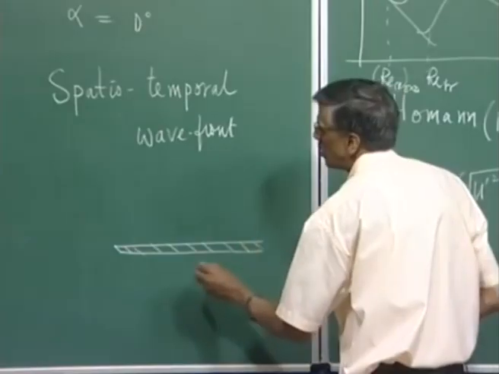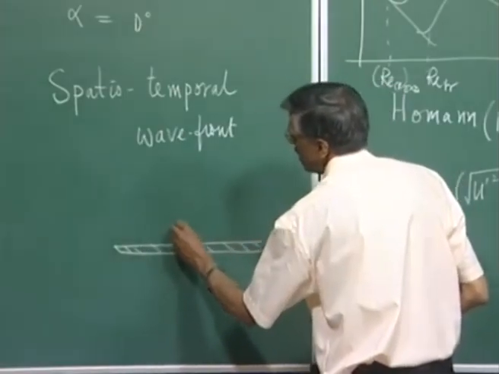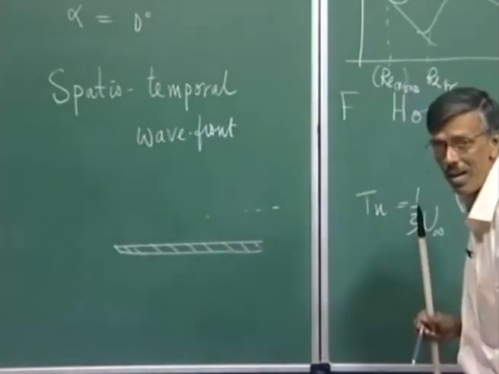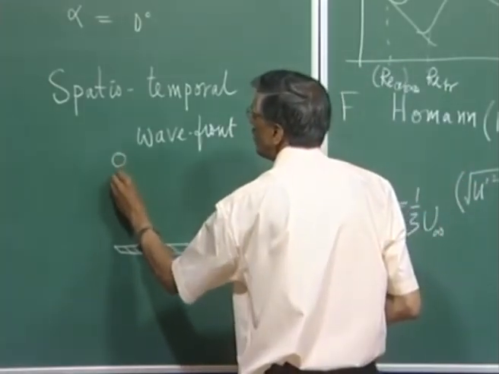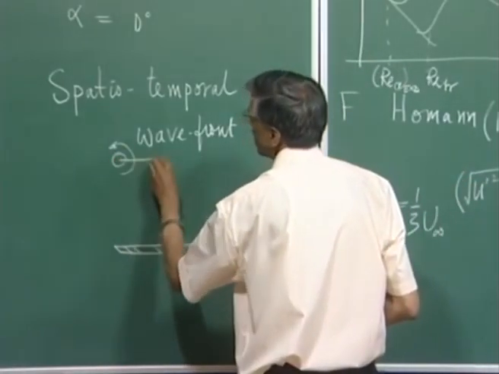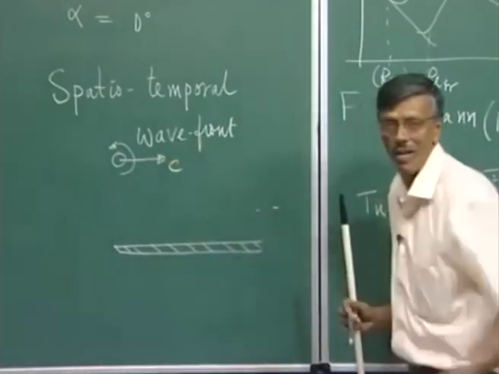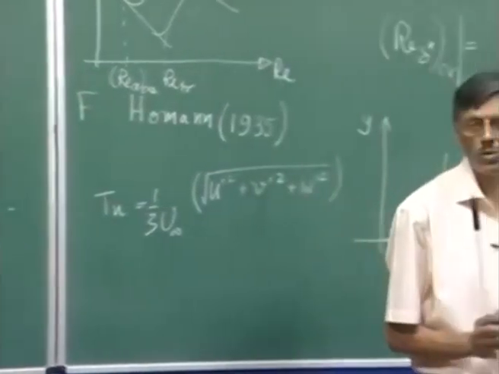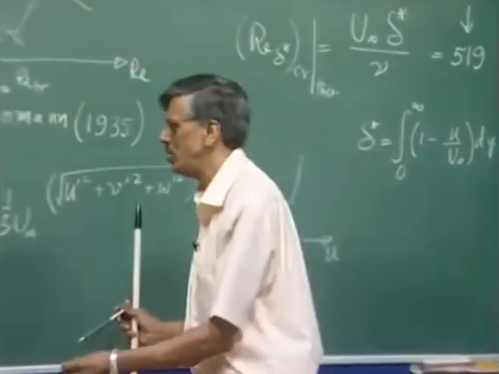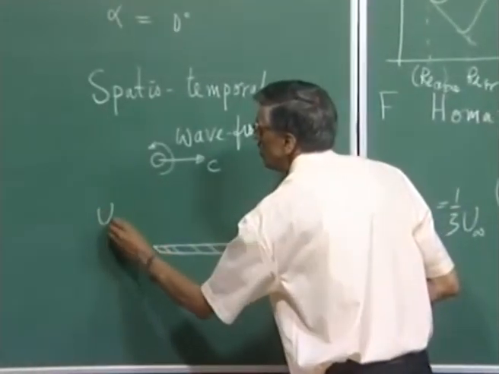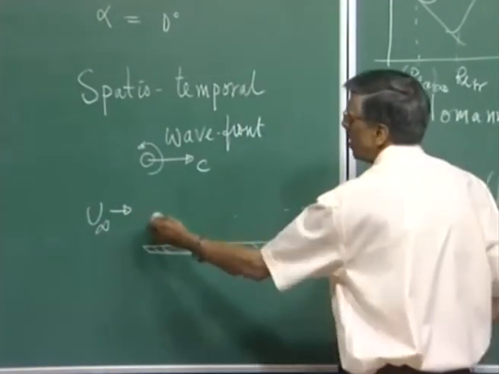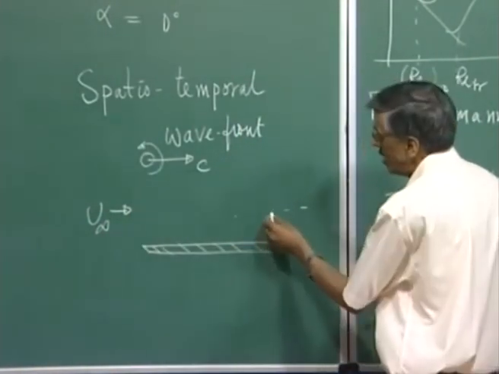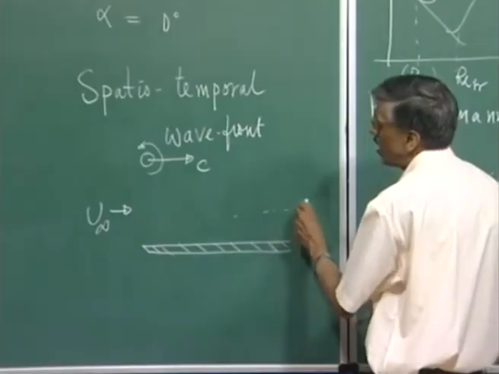I would not show anything right now, but let us say this is the edge of the shear layer, and let us say we have a vortex, and that is convecting at a steady speed c, which is different from, say, U infinity. U infinity is the speed at which the flow goes from left to right over the plate, and that is how you get this boundary layer.